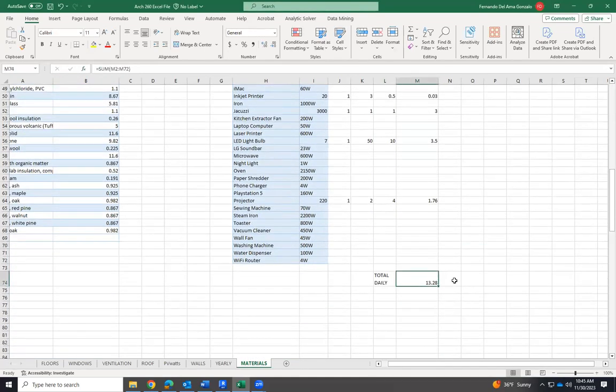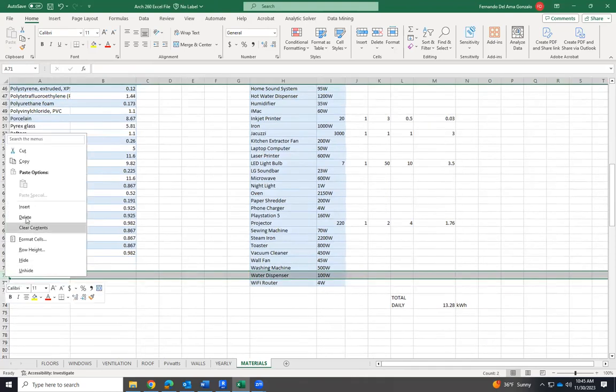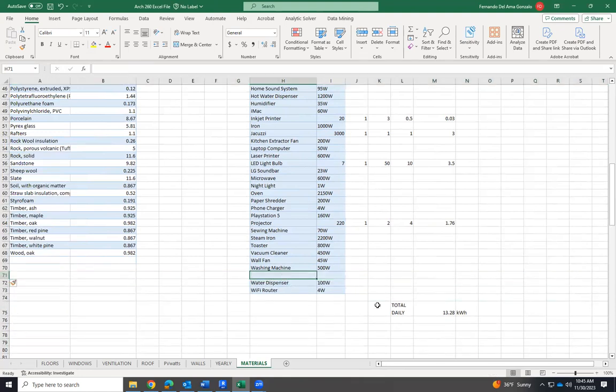Okay, and units, kilowatt hour. If you need to add another device, you can always insert a cell and add another device here. And then you have to type the consumption, and you can add this line. But this is the total daily energy consumption.